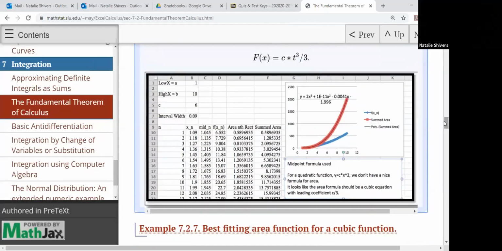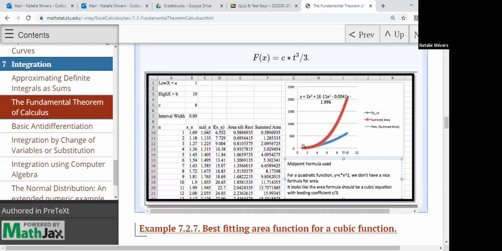So what happens here is we get, instead of 6t squared, you graph the summed area piece and then do a line of best fit, and you have to play around till you get the one that works. But you find out that the antiderivative ends up being c times t cubed divided by 3, sorry.